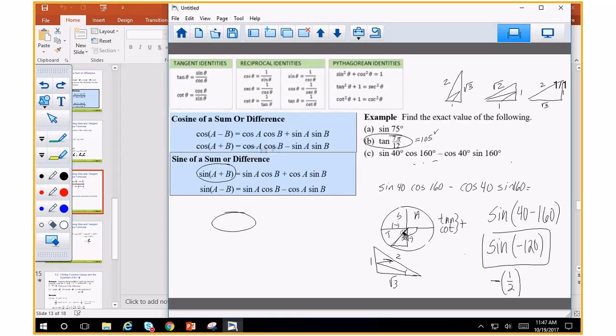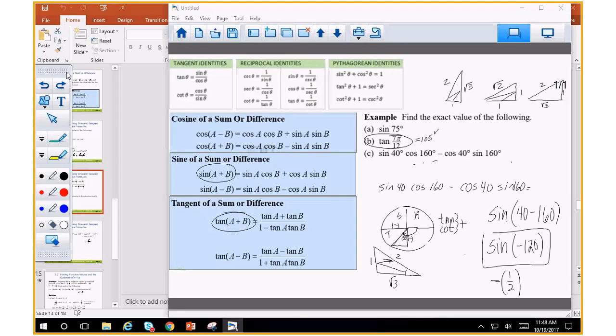Y'all see where I'm shading this in right here? If this is 30 degrees, what's this angle right here? 60. I used the wrong angle. I used 30 instead of 60. I guess I just had 30 on my brain. This is supposed to be 30 degrees.